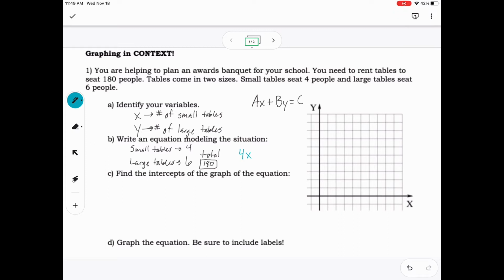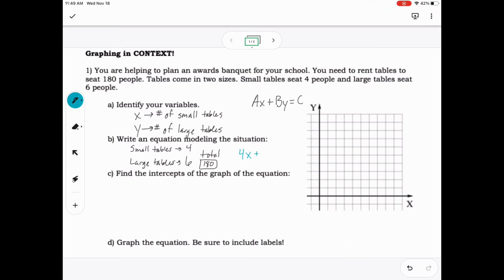If I had 10 tables, that means 10 times 4 means there's 40 people at those tables, right? So it makes sense to multiply those 2 numbers because they are talking about the same thing, but different parts of the same thing. They're both centralized on the small table, but they're saying different things about it, okay?